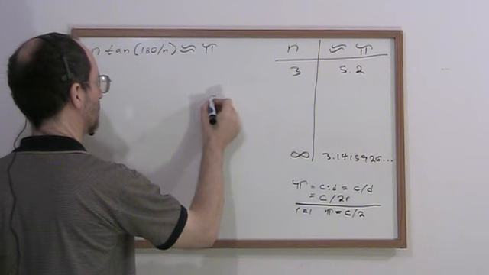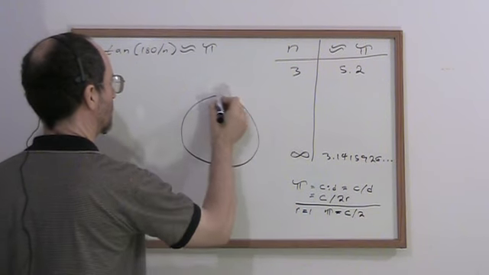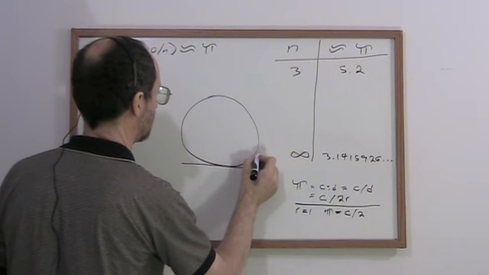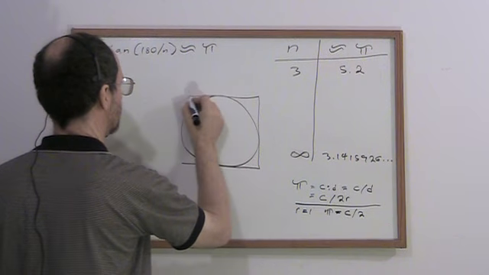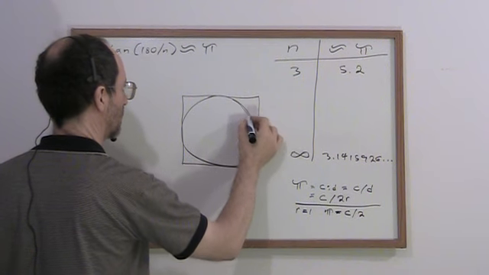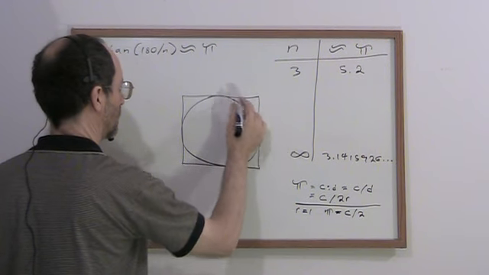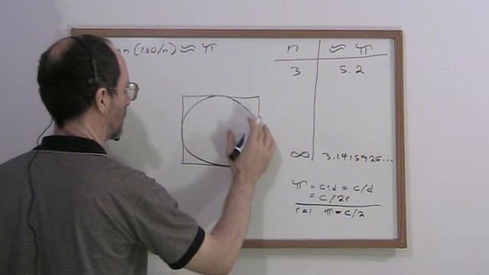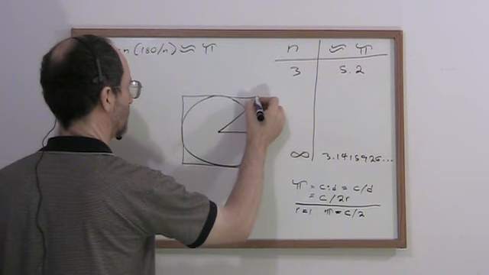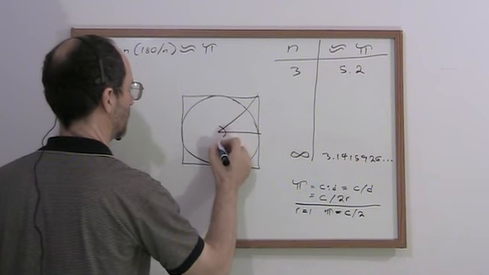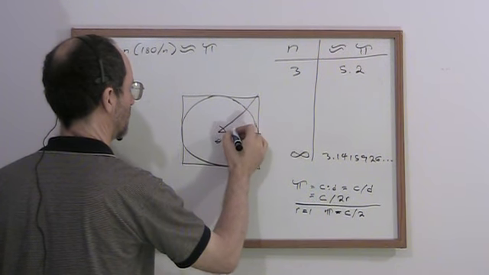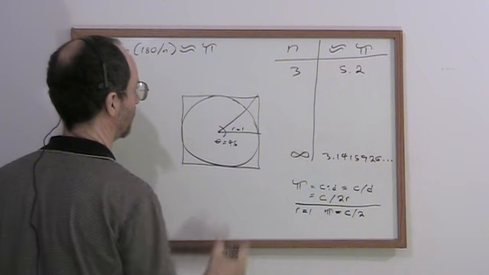Circle, and we have 1, 2, 3, 4. Okay, radius. We know this angle is going to be 45. r equals 1.